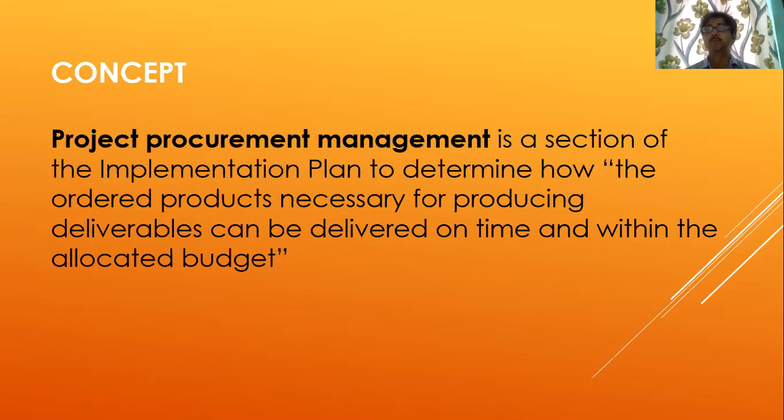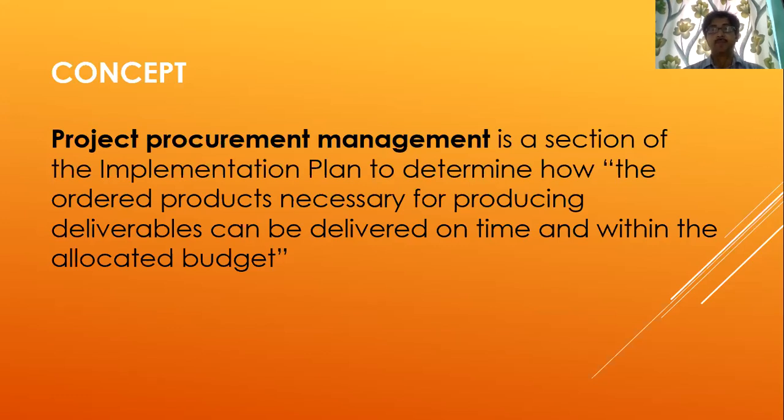If my planning is excellent, but my procurement process is very untidy, then in reality, although I have a nice plan, the raw material or the necessary goods are coming late, and unnecessarily my project is getting delayed. That cannot be afforded. So as you have to make a time schedule very well for a project, equally you have to do very nice planning for project buying or project procurement.